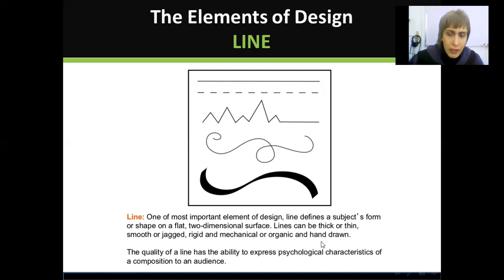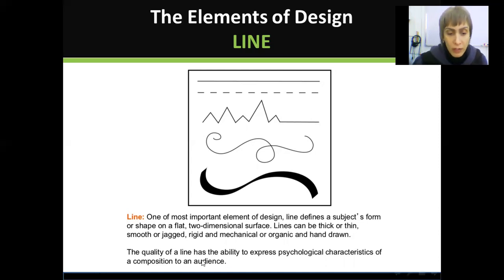There are so many different types: thick lines, thin lines, smooth, jagged, rigid looking, mechanical looking, organic, like looking like freehand, variation of a line. So for example, starting thick and going thin, okay?